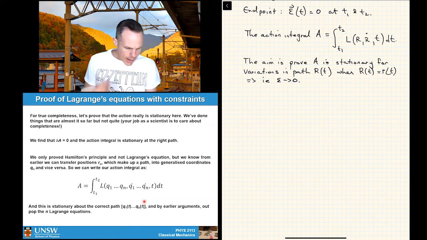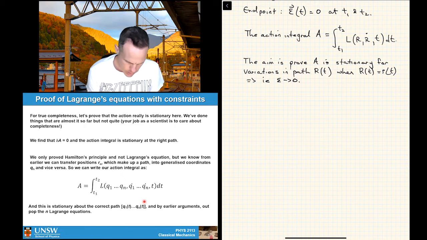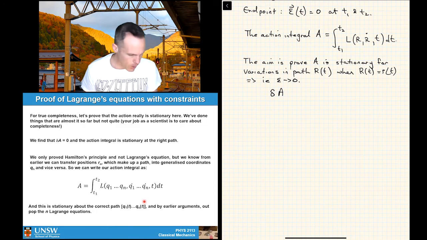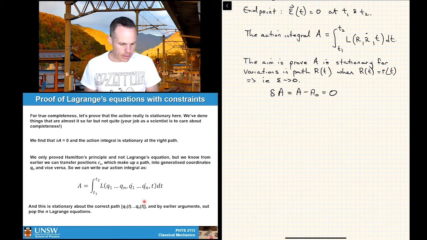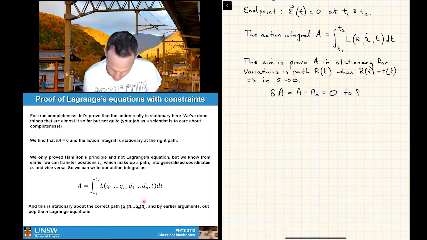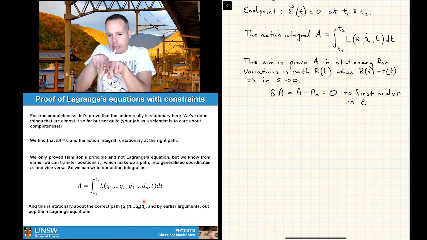Okay, and so another way to say this would be that we want delta A, right? Which is the action for an incorrect path minus the action for the correct path, to become 0 to first order in epsilon. And what this basically means is that if we move very slightly away, I mean, if you think about gradients, right?